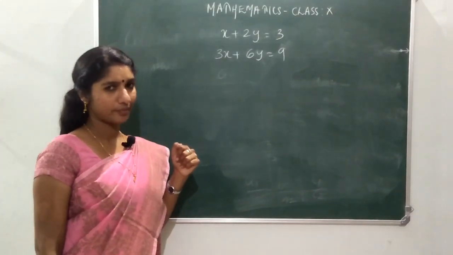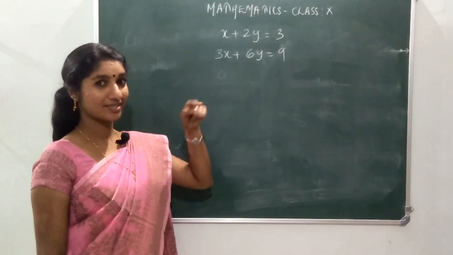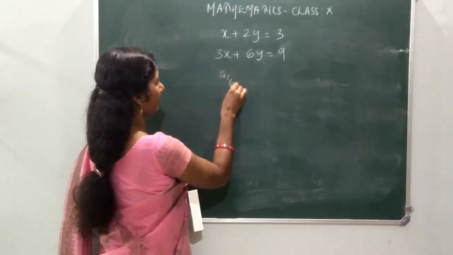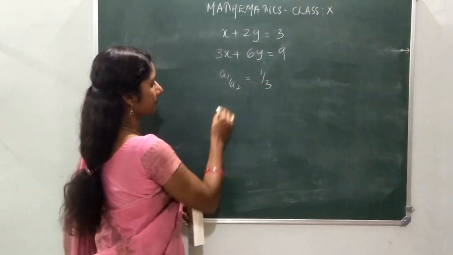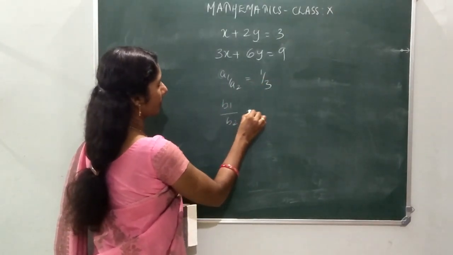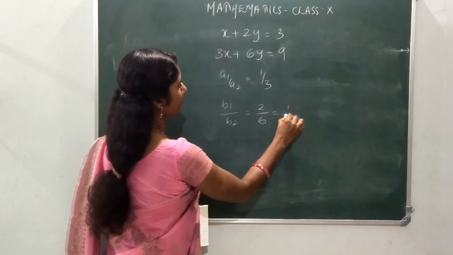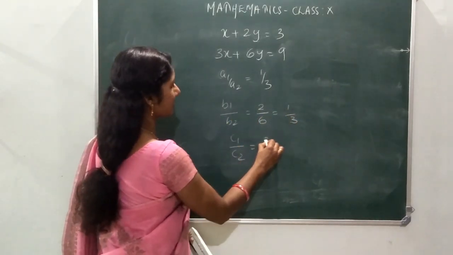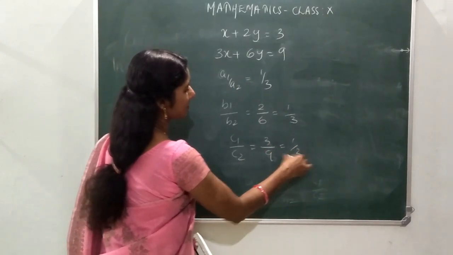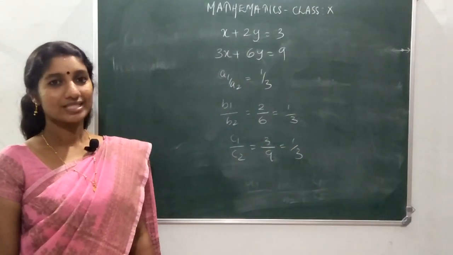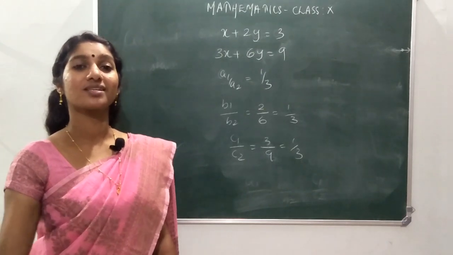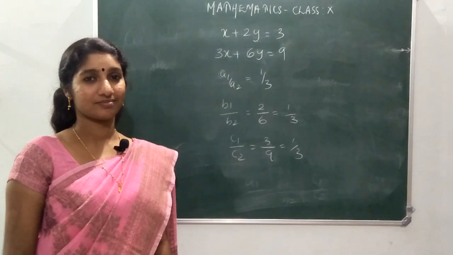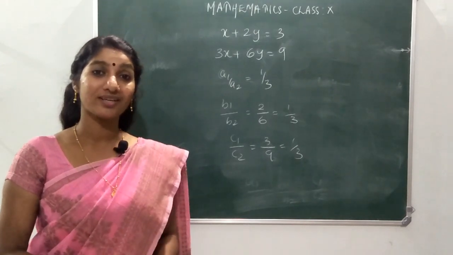What is b1 by b2? 2 by 6, that is also 1 by 3. c1 by c2 is 3 by 9, its short form is 1 by 3. See, all ratios are the same. That means they are coincident lines. The lines coincide with each other.